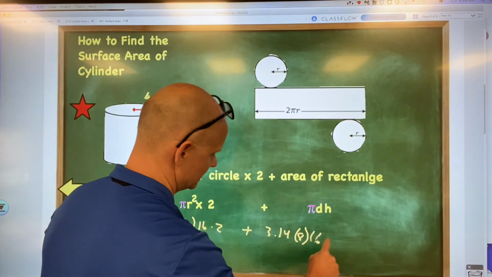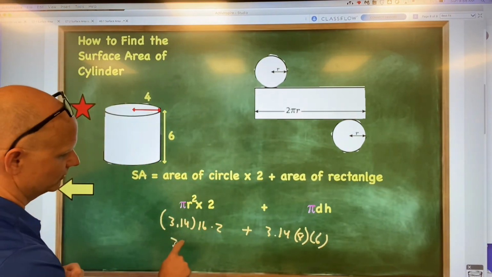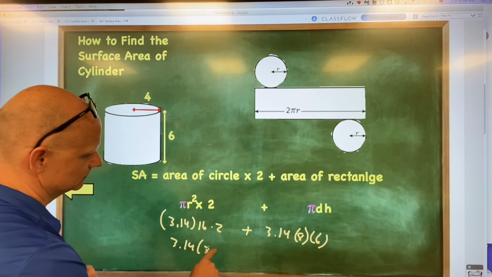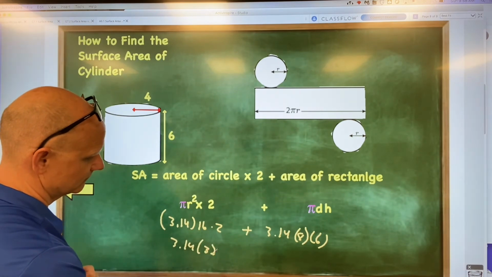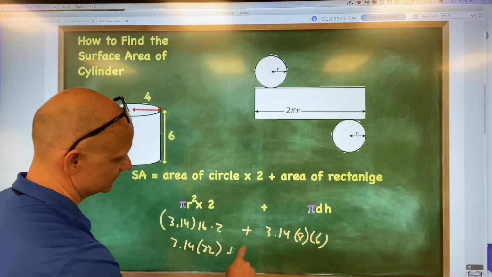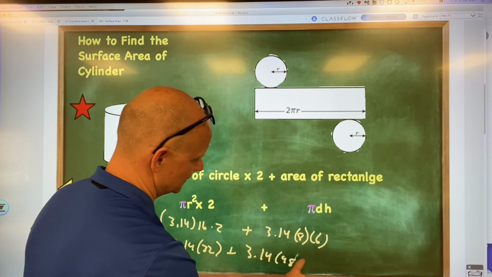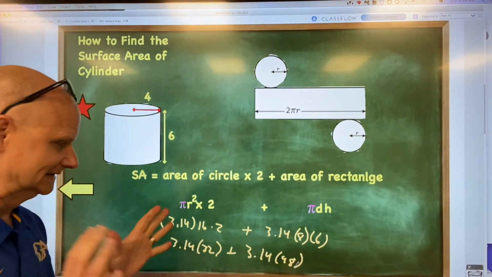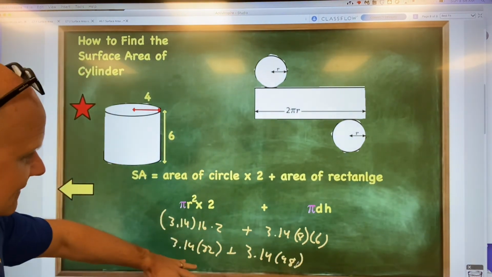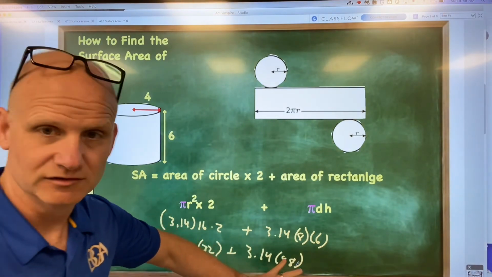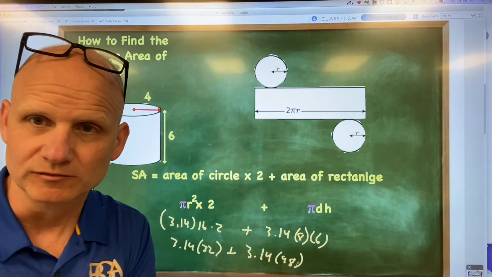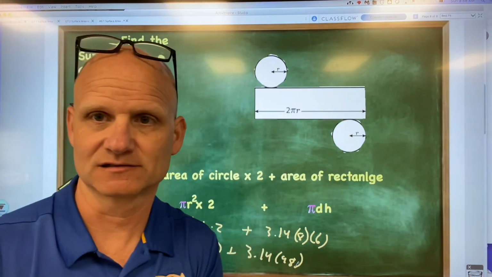Okay? So we have 3.14 times 32, plus 3.14 times 48. And if you do all that correctly, this is probably 130 something. You guys get it, right? Okay, surface area.